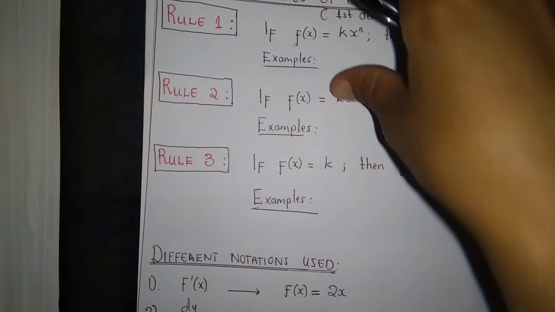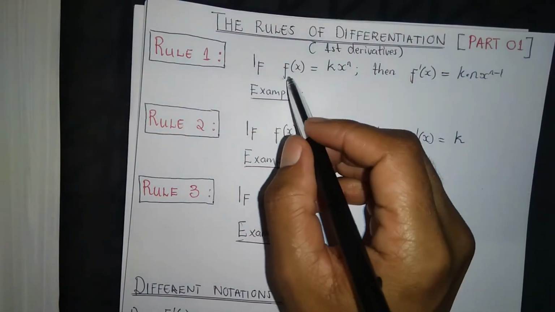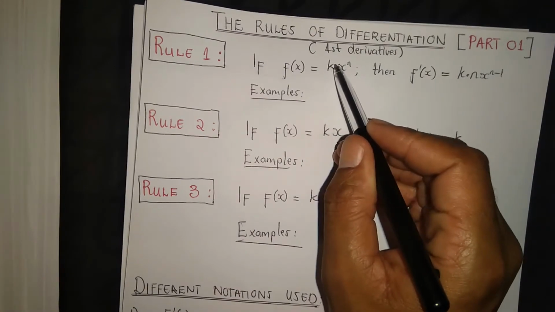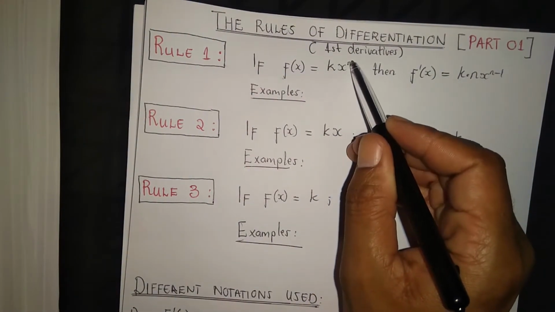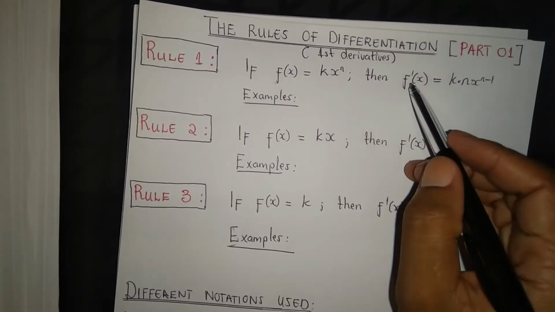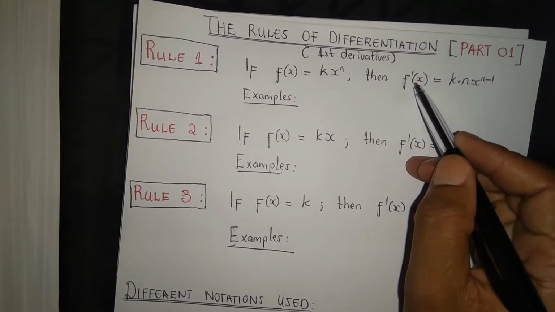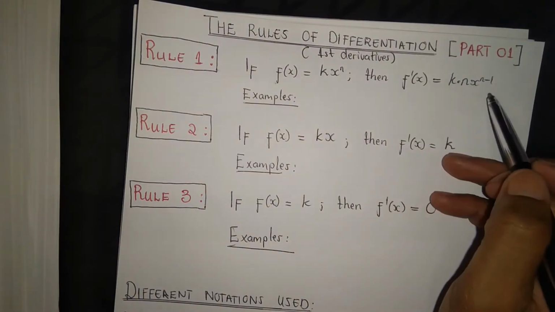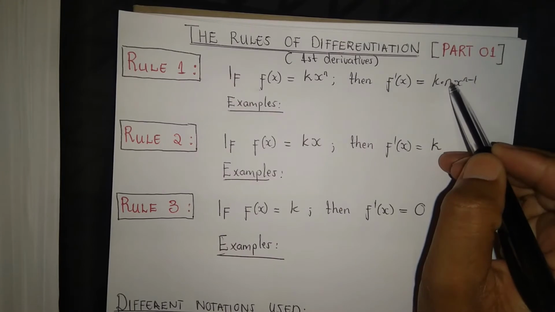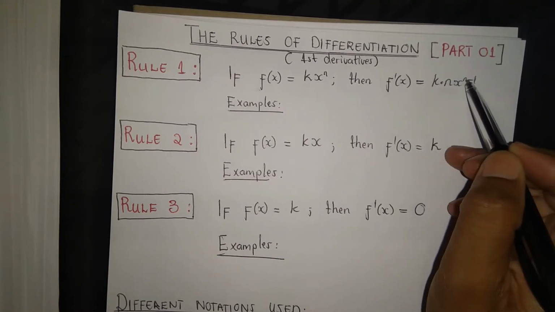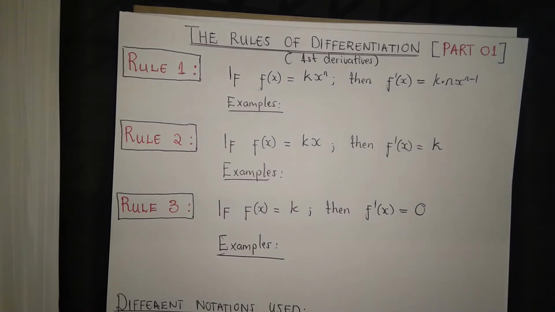So the first rule ithi, if you are given a function f of x equal to k, where k is coefficient, x exponent n, then its derivative yethu is f prime of x equal to the exponent n is a multiplier, the coefficient, and then the exponent uphinde uminus ngo1, right?